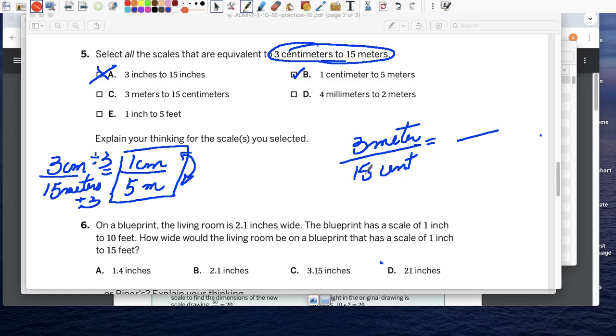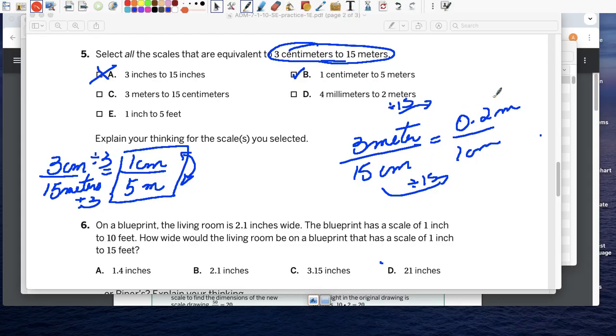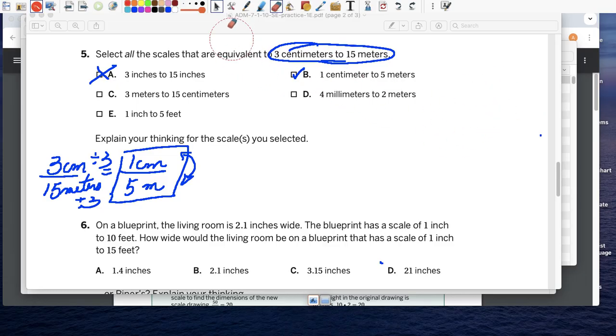Even if we change this, let's divide by 15. I get 1 centimeter, and if I divide the top by 15, 3 divided by 15 is a very small number, 0.2. So every centimeter is equal to 0.2 meters, which obviously is not the same as 3 centimeters to 15 meters. That's gone. What about D?